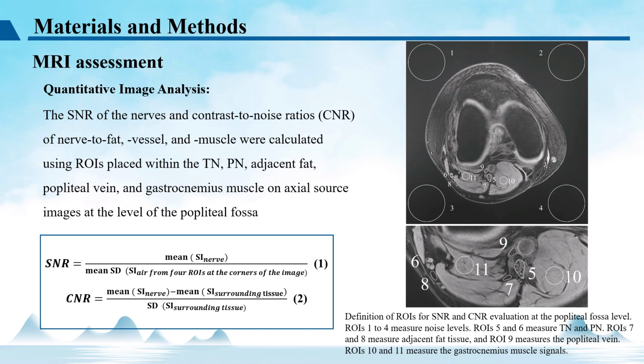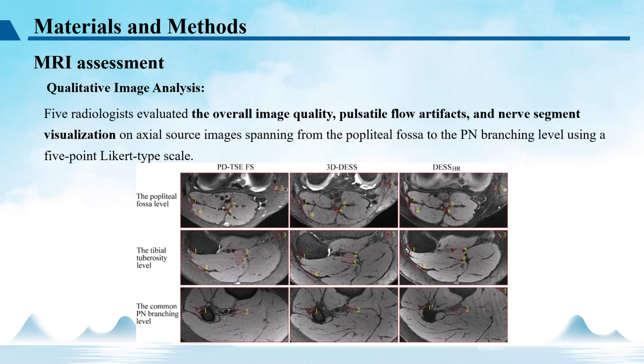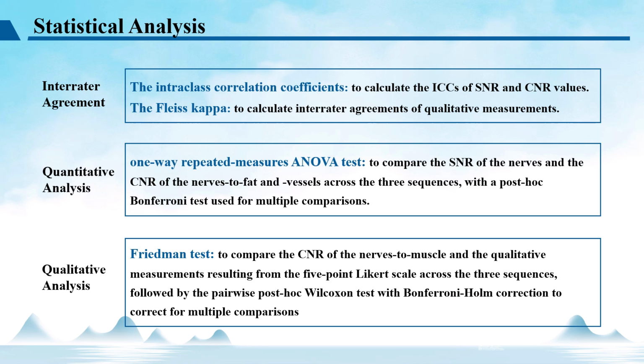Two radiologists calculated the SNR of nerves and the CNR of nerve to fat, to fascicle, and to muscle. Five radiologists evaluated the overall image quality, presence of artifacts, and the nerve segment visualization of axial source images using a 5-point Likert-type scale.